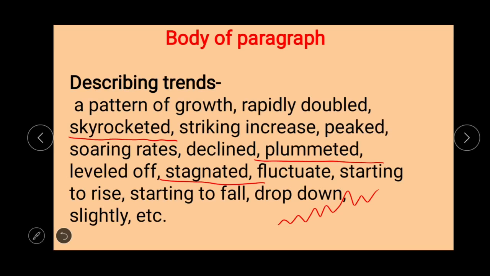So this is called fluctuation. So we can say the birth rate is fluctuating between 2020 to 2040. We can use this word like this. Starting to rise, on which point something is starting to rise, on which point something is starting to fall. Drop down, slightly. Slightly means lightly.